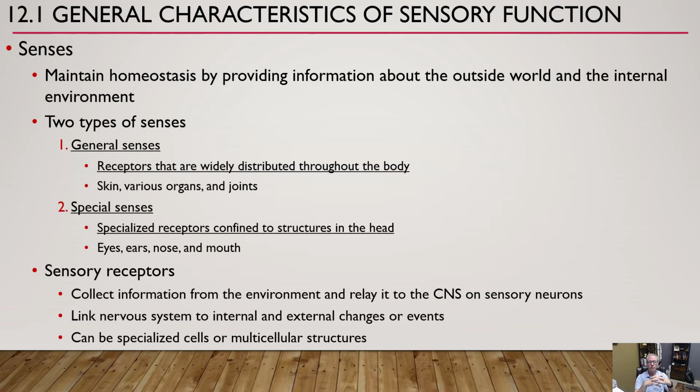And typically, those are going to process information from the outside world, whereas general senses are going to process information either internally or from the outside world. Typically, various organs are going to be from the internal environment. Joints can process information from the internal environment.